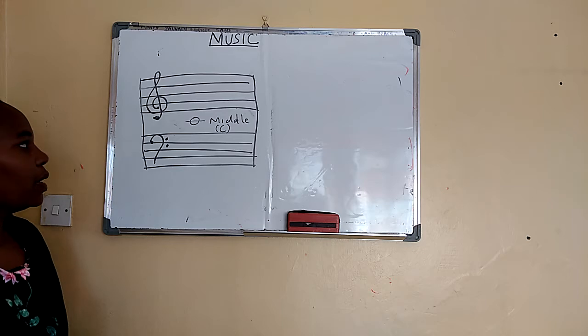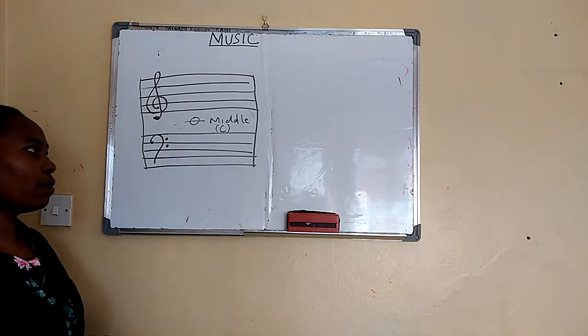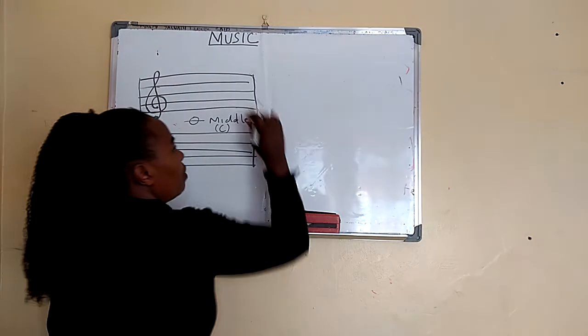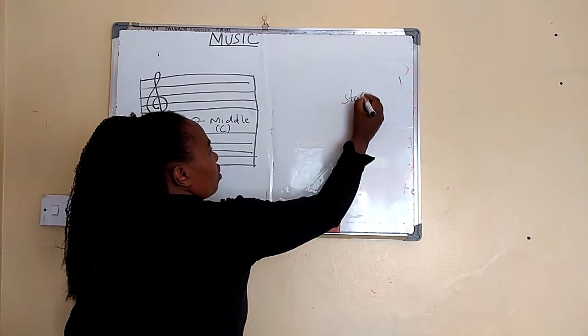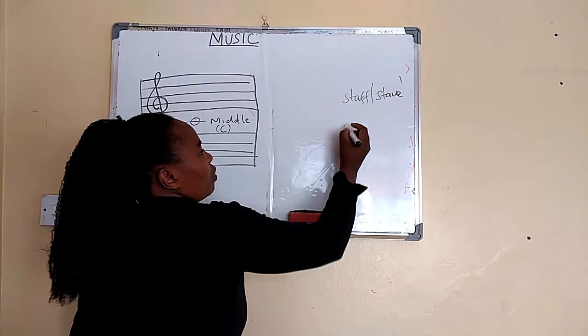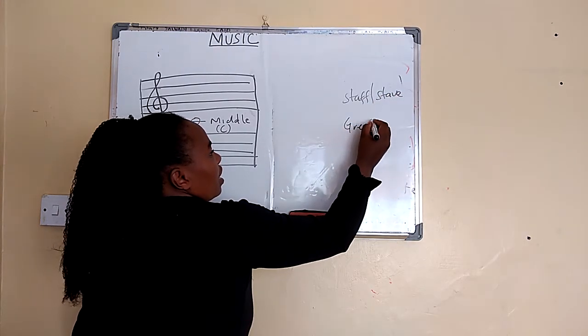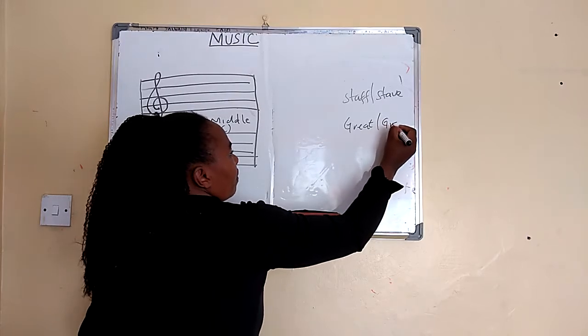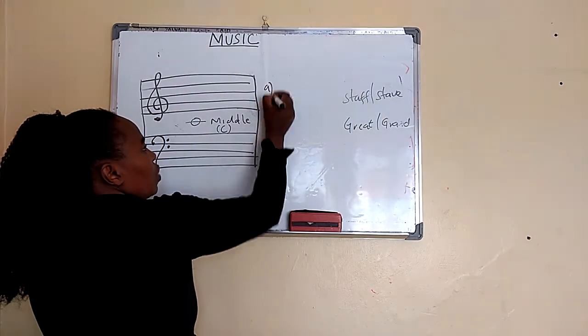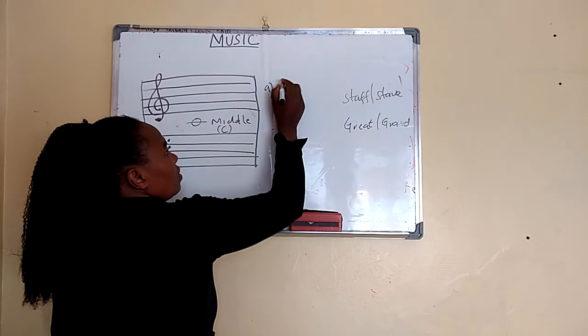So from here, this one also has 4 names. It can be called great or grand. Remember, this one we call a staff or a stave. And we have great and grand. So we can have 4 names from here. So the first name will be the great staff.